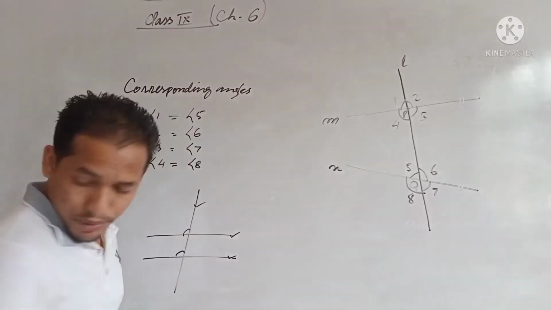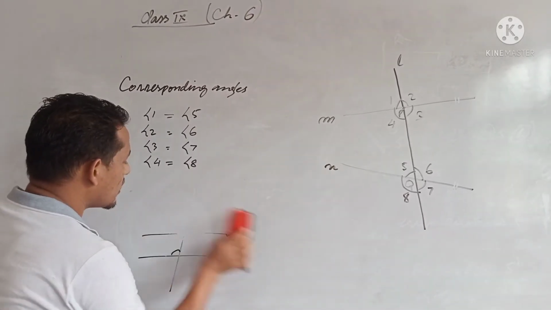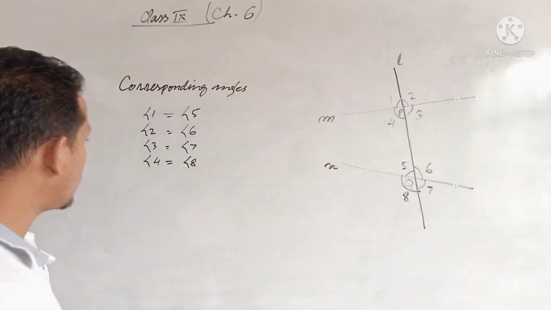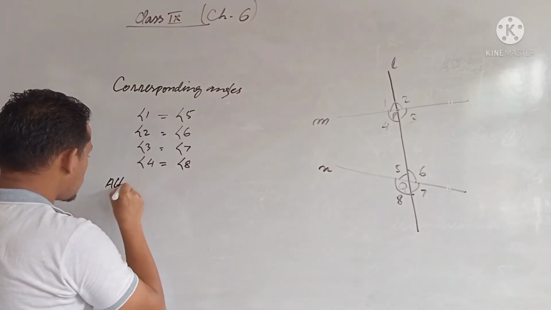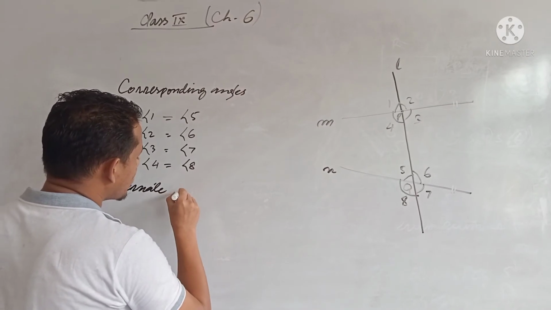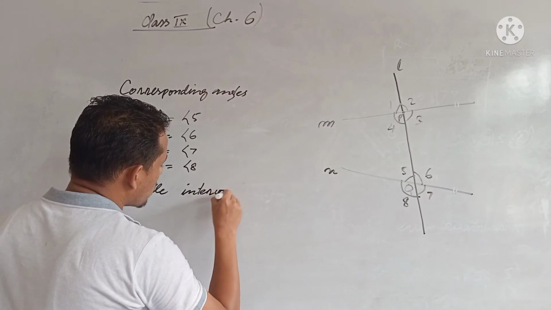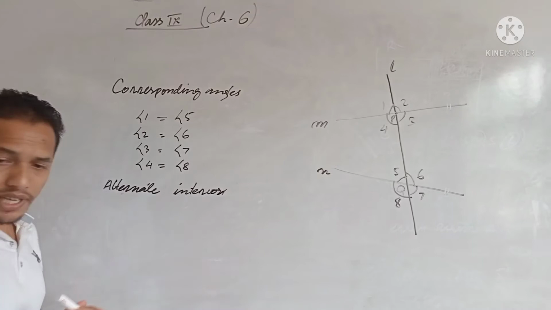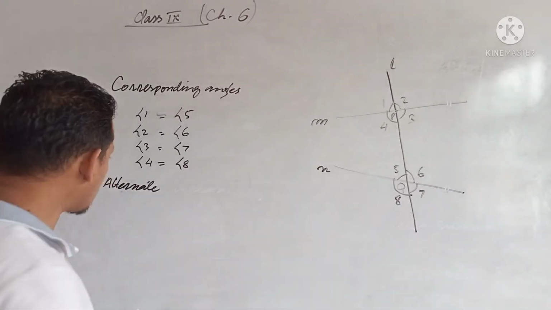Now the second point we are going to study is alternate angles, and there are two types of alternate angle. Let me write alternate angle.